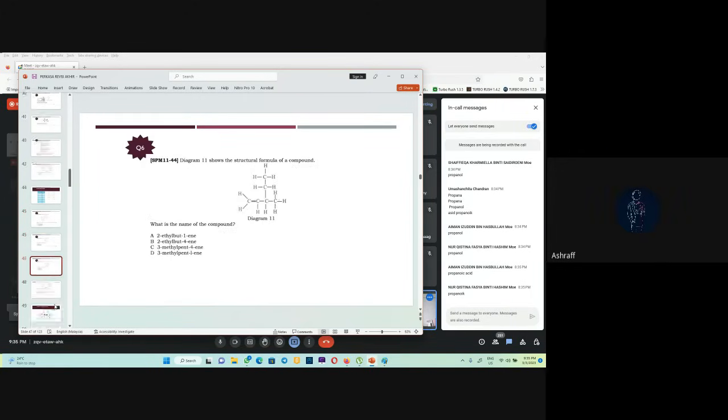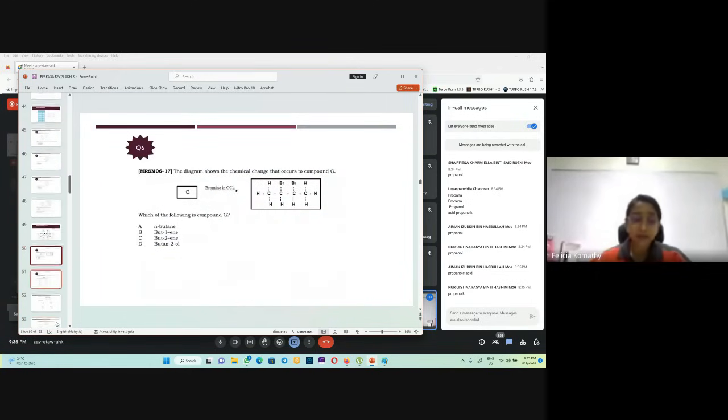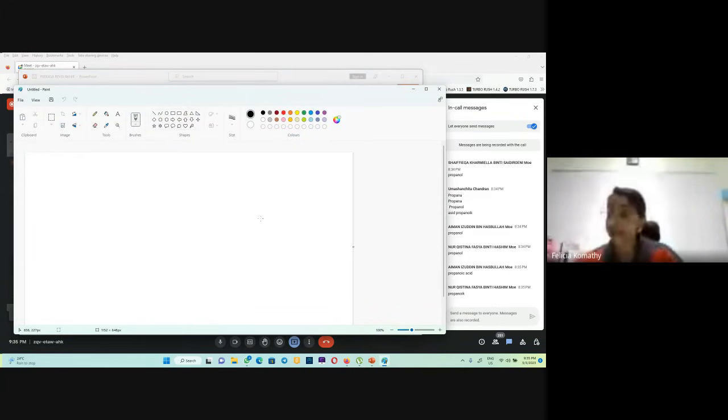So please do more practice. From your Paper 1, you can check it out. Next, we are moving to chemical properties. For the chemical properties, I prefer to do my own diagram. We do our overall reaction.